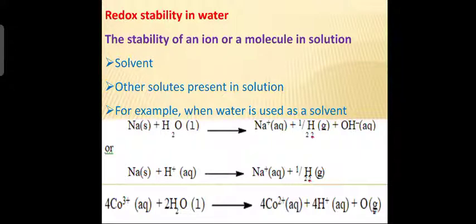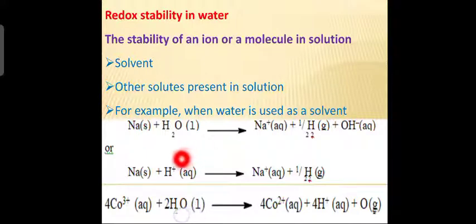An example is given here: sodium solid with liquid water gives Na plus aqueous, half H2 and OH minus; and Na solid combines with H plus giving Na plus aqueous and half H2 gas.